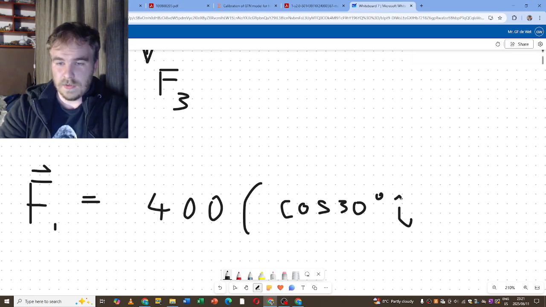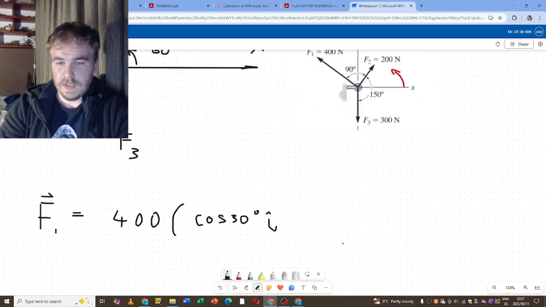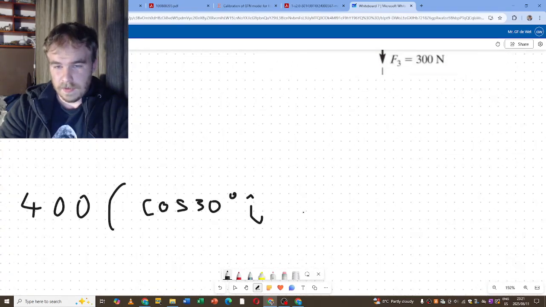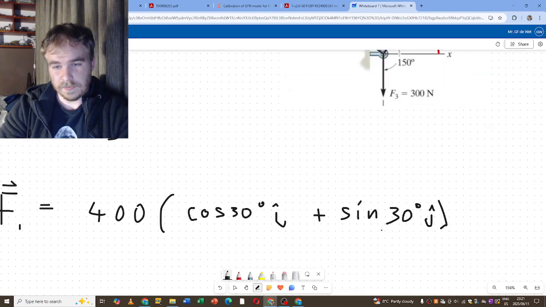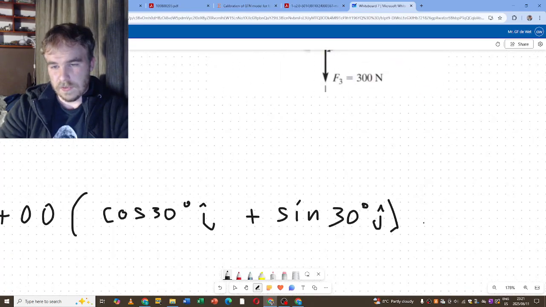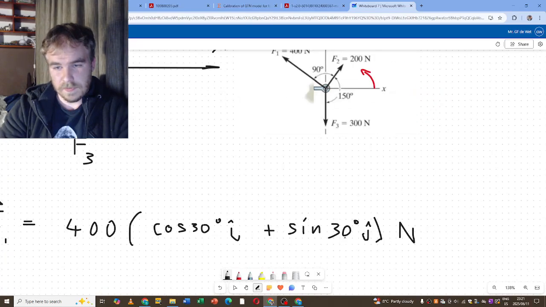So I'm going to indicate it like that, and then sine in the J direction, and this is again 30 degrees, little hat like that, and this is all newtons.